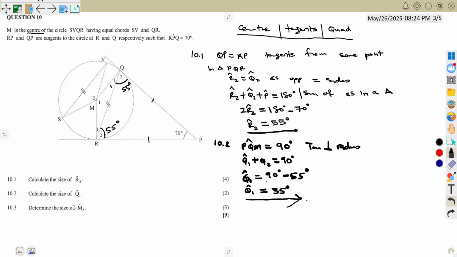Then the last question is saying determine the size of M2.